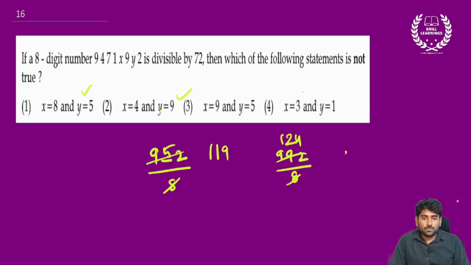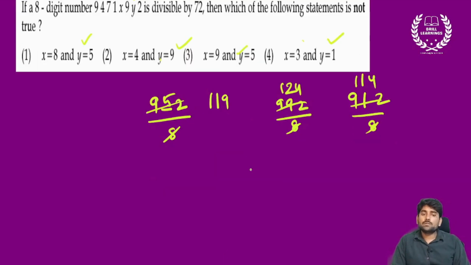Third one, 952, here also the y value is 5, that is why it is also okay. Last one, let's check the last one, 912 by 8. 8 ones are 8, 8 fours are 32. It is also okay. For all y values, the given number is a multiple of 8.